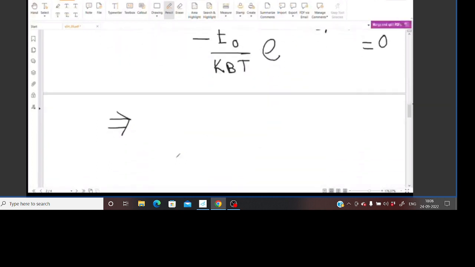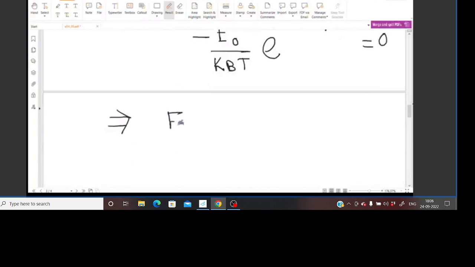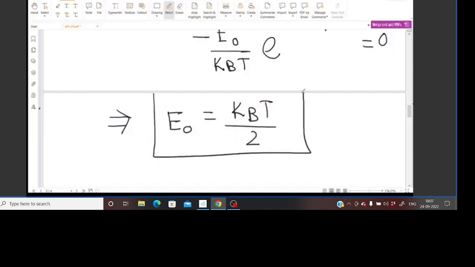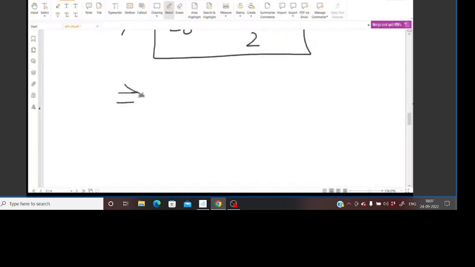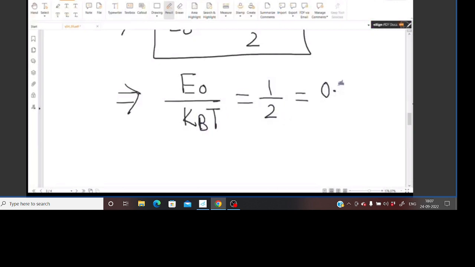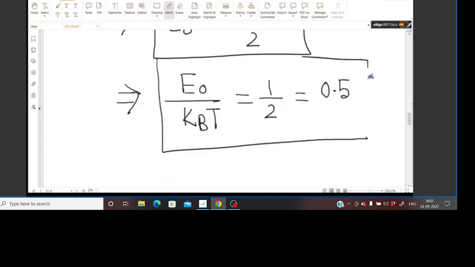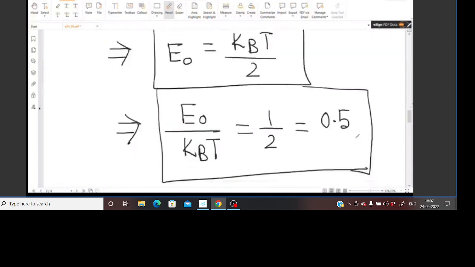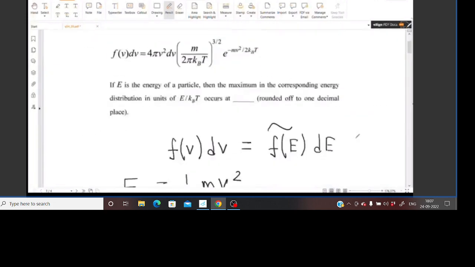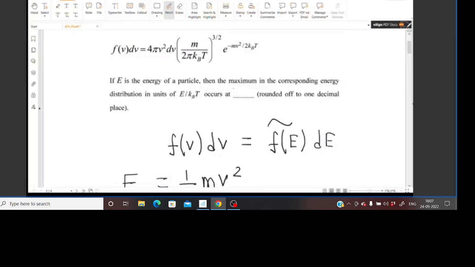From this equation we get that E0 is equal to kBT by 2. So we have E0 by kBT equal to half, which is equal to 0.5. So the correct answer of this question is 0.5.